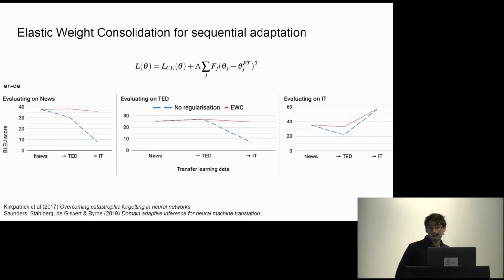So regularized training, specifically in this case, elastic weight consolidation. It was proposed originally for computer vision. We applied it to translation, not just from one domain to another, but actually sequentially across more than one domain. The idea is that you regularize the training objective, but interestingly, you do so differently for each parameter. You aim to regularize the parameters more if they were important for this pre-training task, PT.